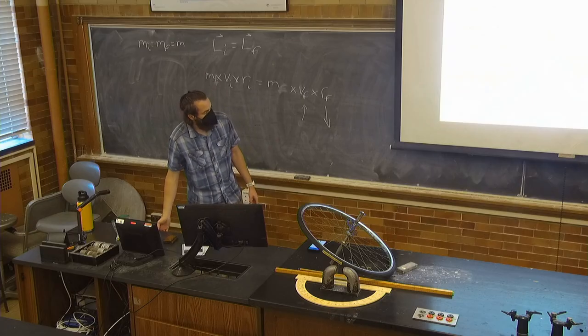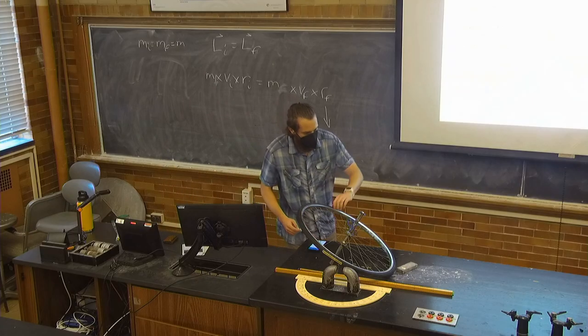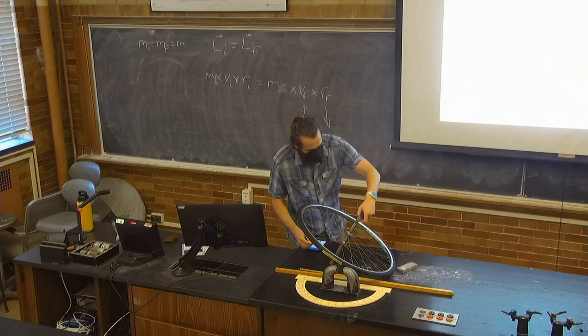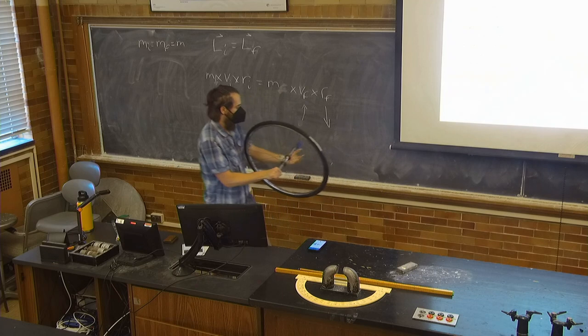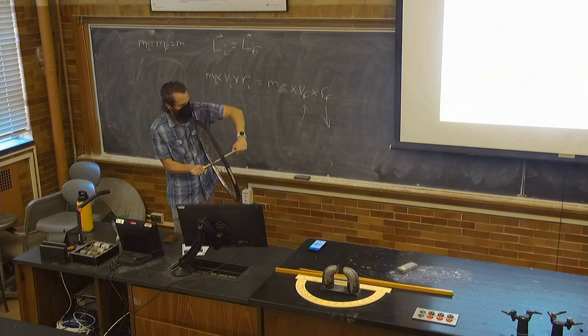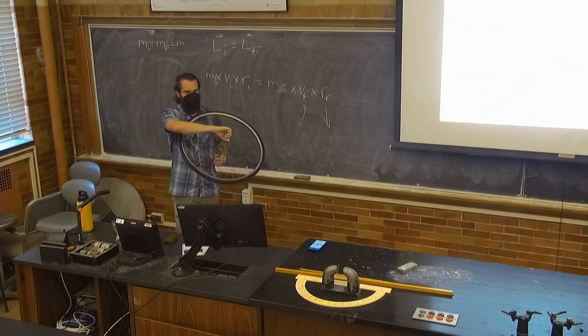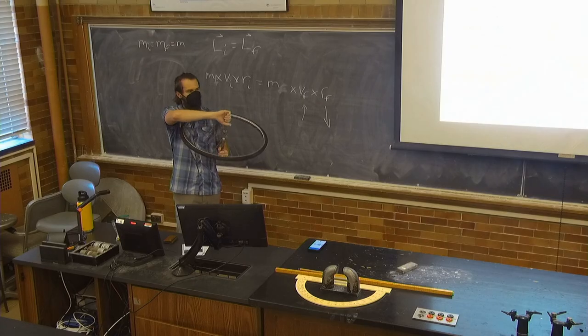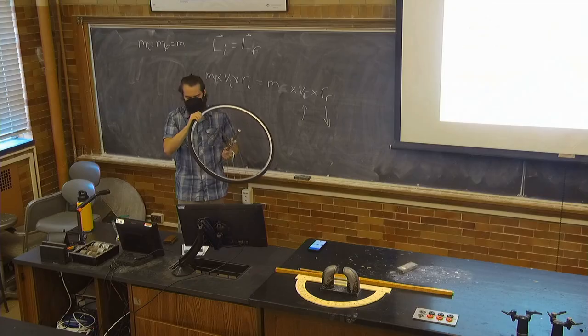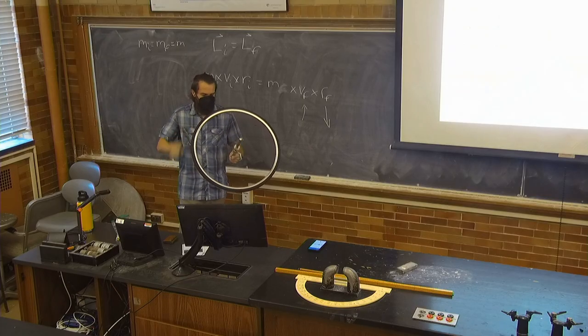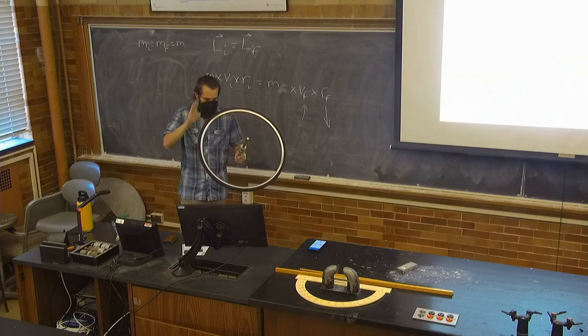There's another neat angular momentum demo. This one is a little bit beyond the scope of this class, but I still think it's cool. And if you want to learn why this one works, then you could take an introductory physics class. Okay, so this one, I'm going to start this bicycle tire spinning.